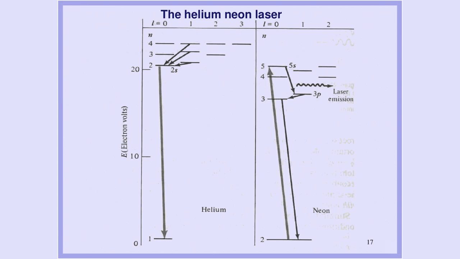Thus, one way that electrons in helium can return to their ground states from the 2s state is by colliding with the neon atom and exciting a neon electron from the 2p state into the 5s state. The slight energy difference is made up by the thermal kinetic energy of the helium atom.